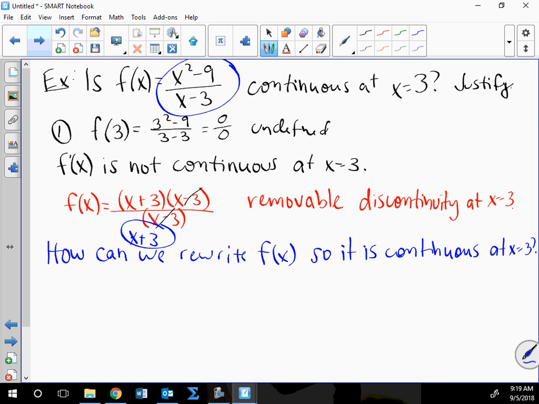They look exactly the same, except at the point x equal to 3, this one has a hole, this one does not. But we manipulate this, we simplify and reduce it down, so we have an idea of what that graph looks like. They're extremely close, but not quite. So anyway, how can we rewrite f of x so it is continuous at 3? Well, if we've got that hole there, how do we fill in a hole?